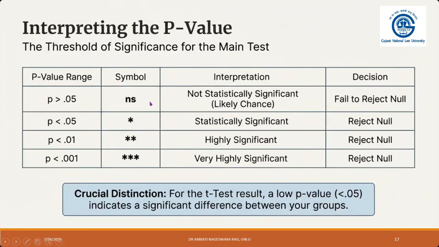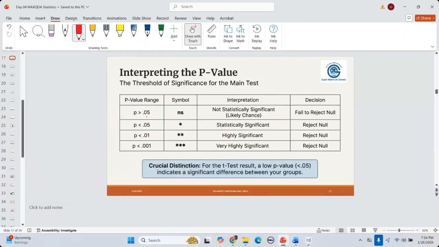Whenever we're conducting hypothesis testing, we always look for our p-value to be less than 0.05, meaning we are going to reject the null hypothesis. Generally, what do you do in a null hypothesis? There is no association between gender and department levels. Now, if p-value is less than 0.05, it means there is a significant difference. There is a significant association between gender and department.